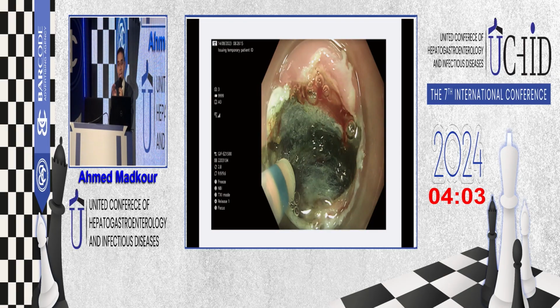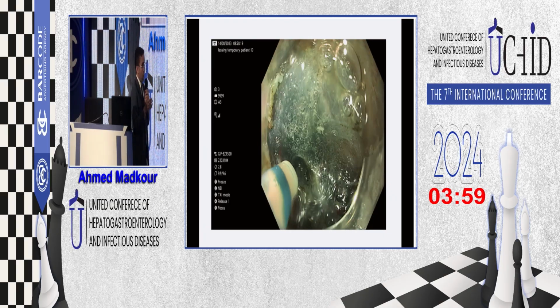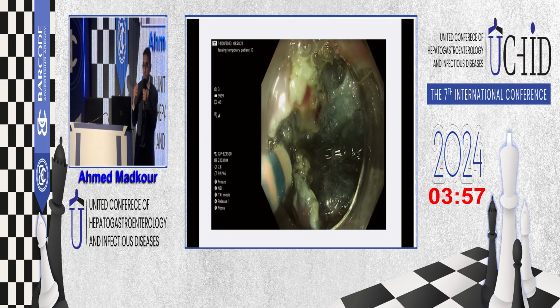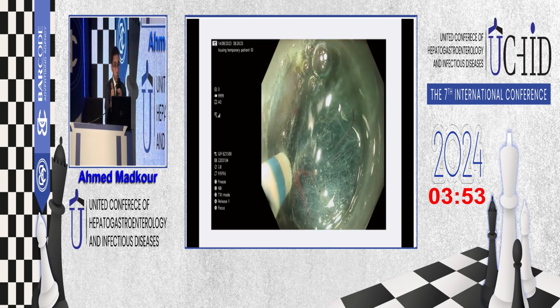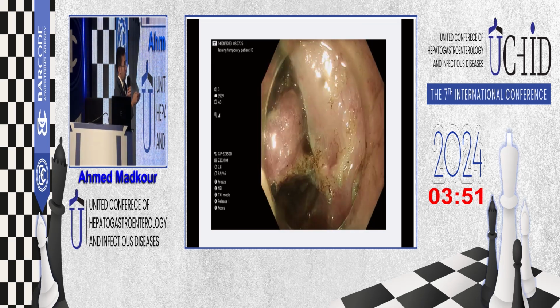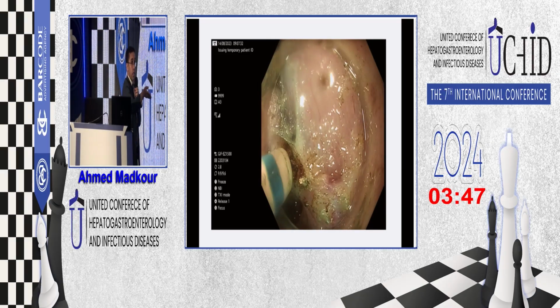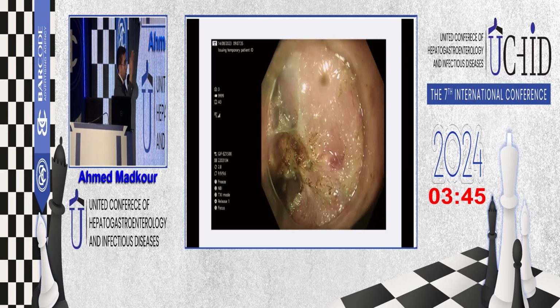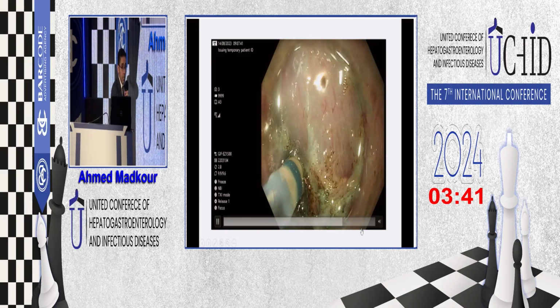So we learned to do a tunnel for those lesions. If it originates from the fourth layer, it's a STER. If it originates from the third layer, not the fourth, we just open the tunnel. We just do a tunnel and go out, making sure we have already passed the lesion.